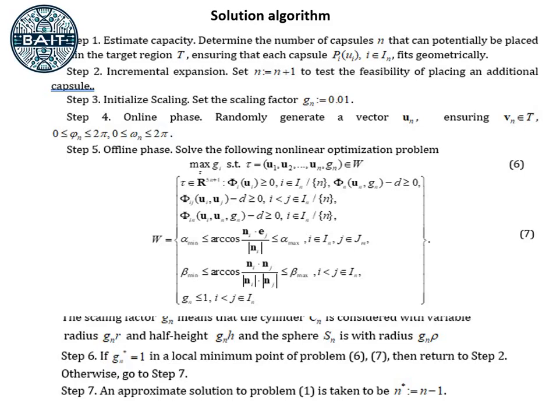The capsule placement algorithm contains a two-phase strategy. In the online phase, capsules are added to the target region one by one, each with reduced size and fixed orientation. This ensures that new capsules do not overlap with those already placed.